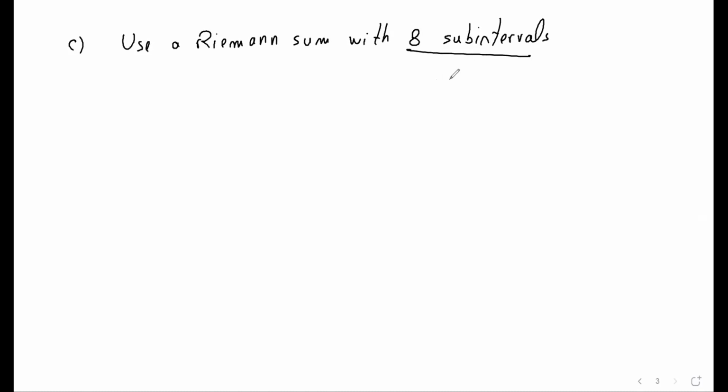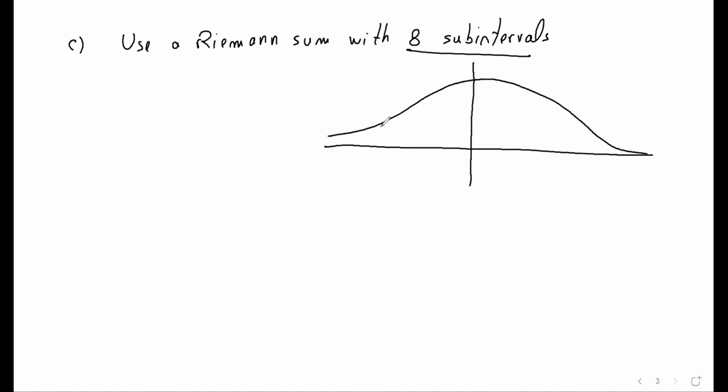All right, so what we use here, folks, is, let's sketch. We're going to do a Riemann sum with right endpoints, and then a Riemann sum with left endpoints. The first part here will be again, let's make the curve a little bigger like that.